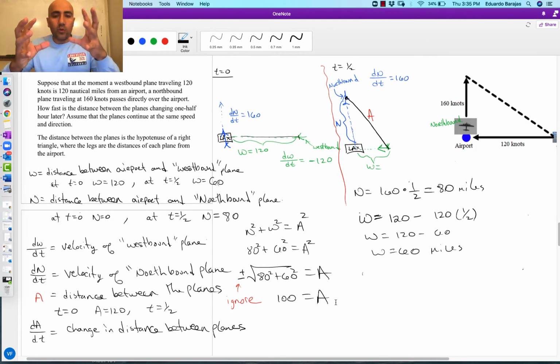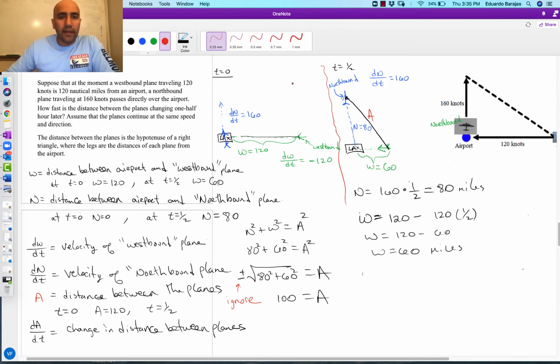Okay, so next we want to bring together all the variables. Let's fill out this guy here. This was 60 in this one, and so N equals 80 in this one. And A we just established was equal to 100.